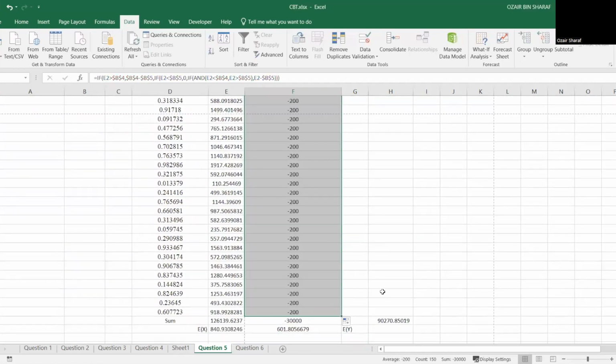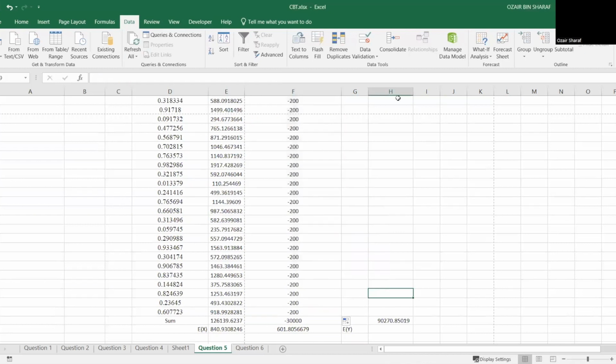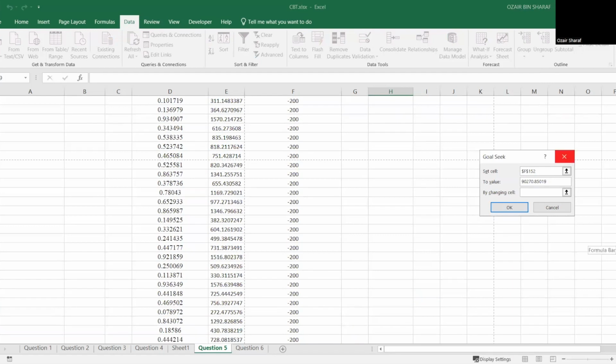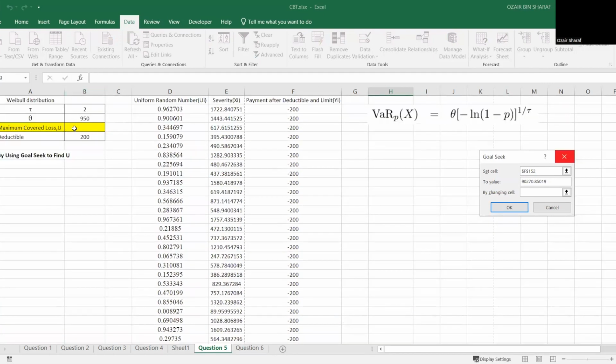Now we have to find the value of U, which is simply under Data, What-If Analysis, Goal Seek. We set this cell, which is the summation of the entire Y value, to the value of 90,270.85019, and then we change the cell of U, which is B4.